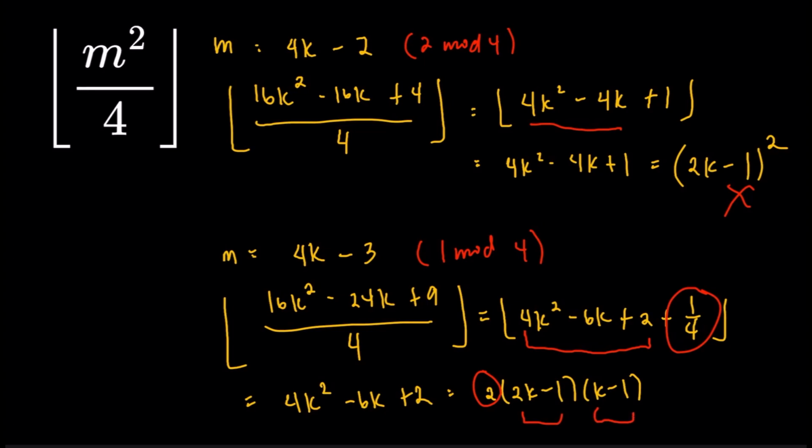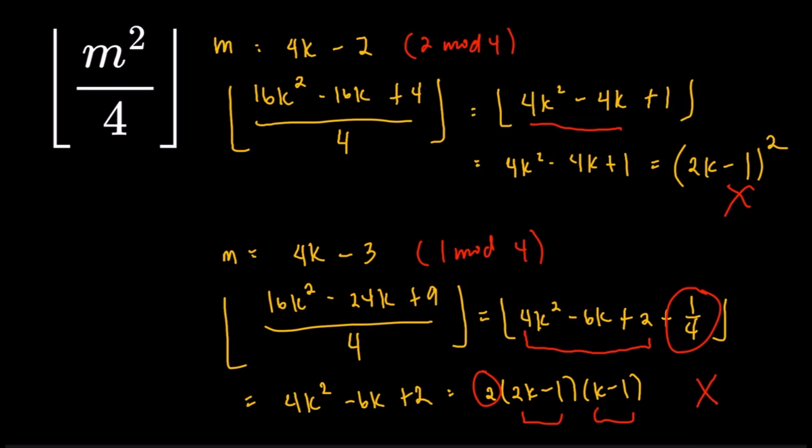Now, unfortunately, that's impossible because they are 2 different values. Now, if they're both equal to 1, I'm going to get 2 values for k. That's impossible. So, once again, for this case, we won't have any possible values for m of the form 4k minus 3, right?